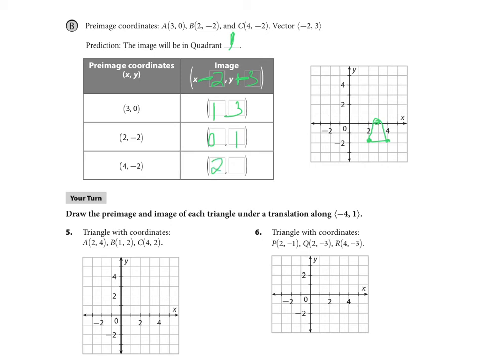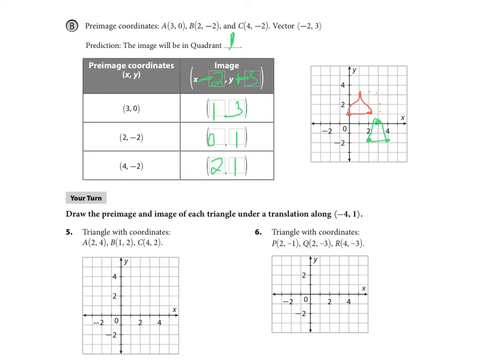And -2 plus 3 is 1. So when we draw that new image, it will be 1, 3, 0, 1, and 2, 1. And every one of these points, let's check A, 1, 2, 3, up and left 2. Okay, and it was in quadrant 1.